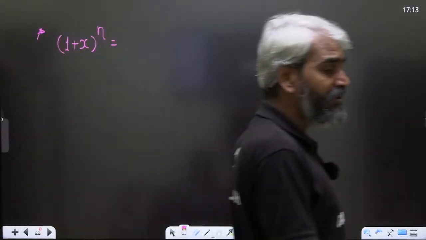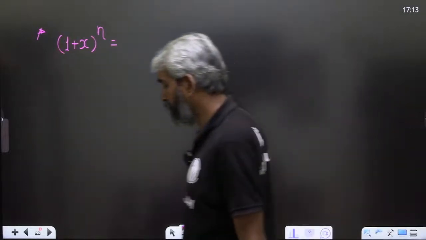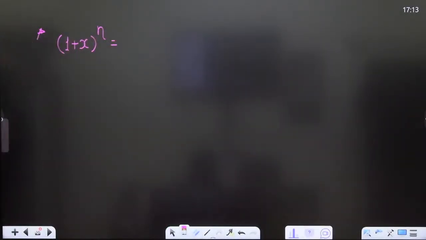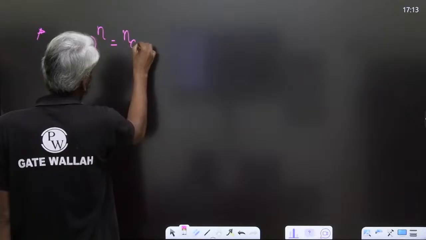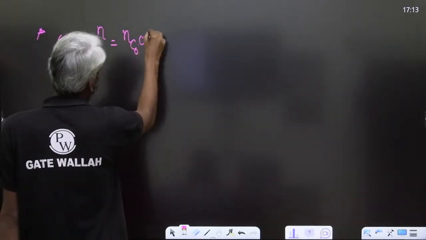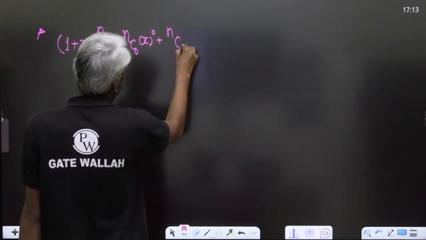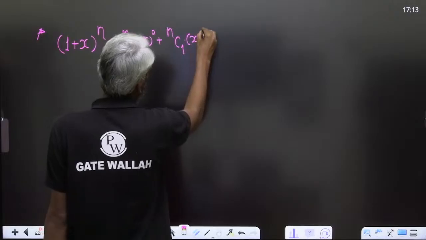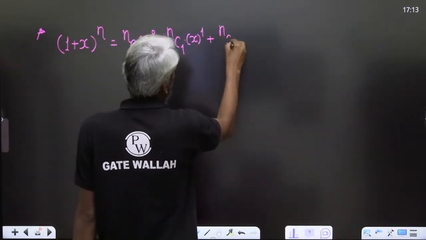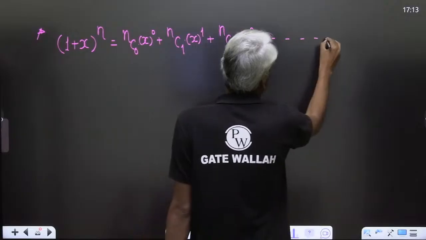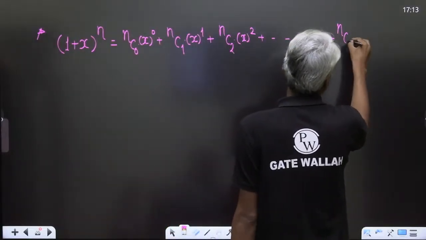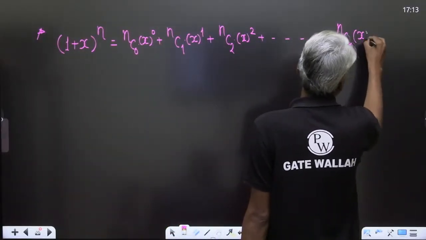The binomial expansion of (1 plus x) raised to the power n is nC0 into x to the power 0, plus nC1 into x to the power 1, plus nC2 into x to the power 2, and so on, up to nCn into x to the power n.